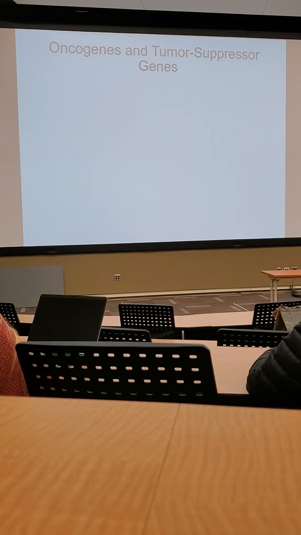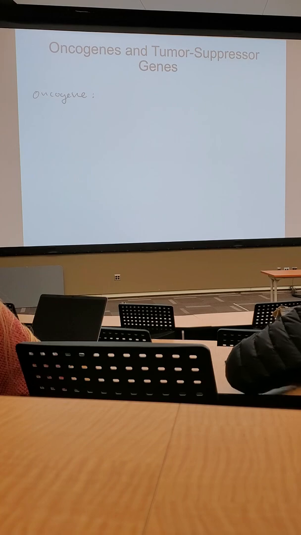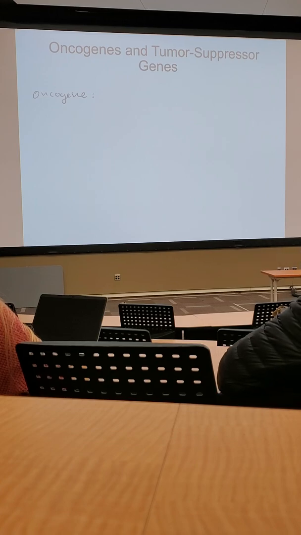So what's an oncogene? This is one of those cases in genetics where we define the function of the gene through a mutation. So I'm going to give you the phenotype of the mutated allele, which will hint at what it's doing in the wild type scenario.